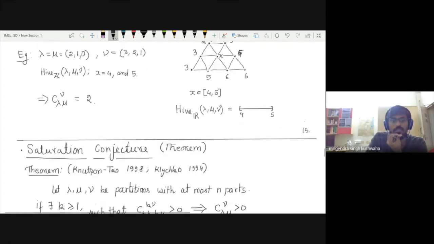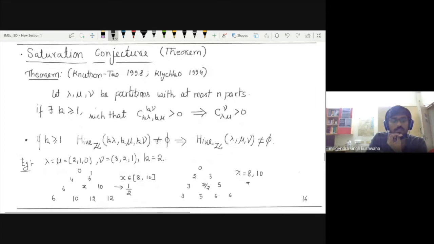Here is the saturation conjecture about the Littlewood-Richardson coefficient, proved by Knutson and Terence Tao, and Klyachko in 1994. What is this saturation conjecture? Let lambda, mu, nu be partitions with at most n parts, and suppose there exists an integer k bigger than 1 such that the Littlewood-Richardson coefficient for k lambda, k mu and k nu is positive.